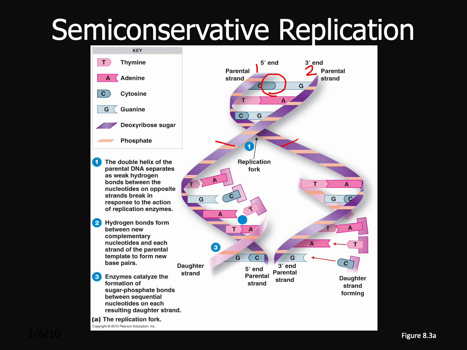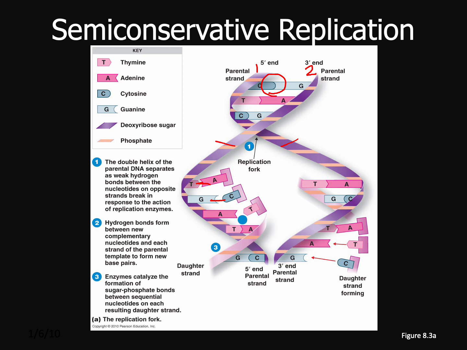This exposes these nitrogenous bases, or it unzips the DNA molecule, and turns each strand into a template for replication. And it's able to act as a template because of those strict rules of complementary base pairing. So adenine always binds with thymine, and cytosine always bonds with guanine.